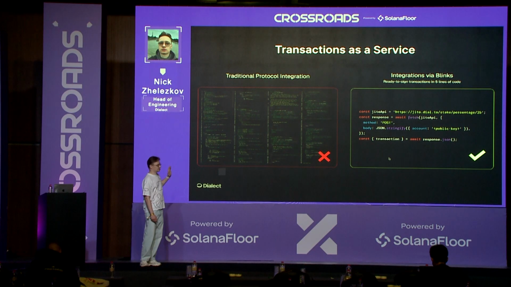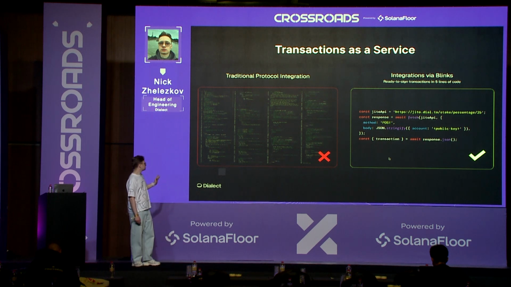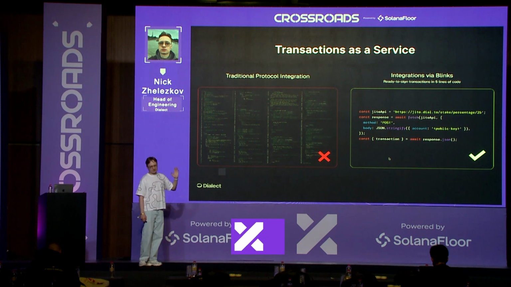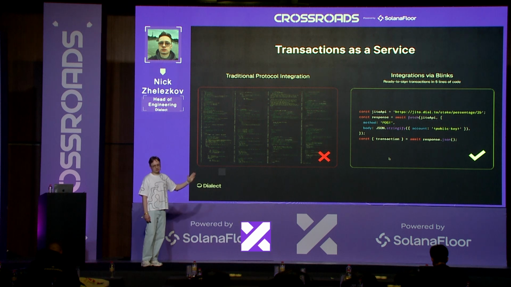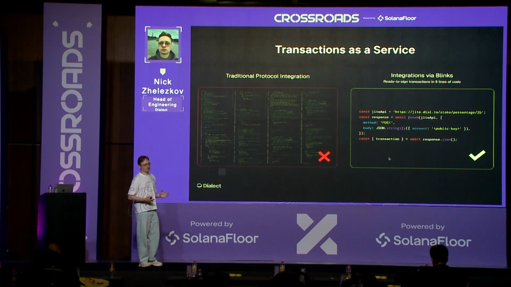So instead of adding an SDK in your project, handling all the errors, edge cases, parsing all the stuff, we explore the way to use Blinks for this. Because Blinks can act like a unified service that can create a transaction for you. And it's much simpler than the SDK.